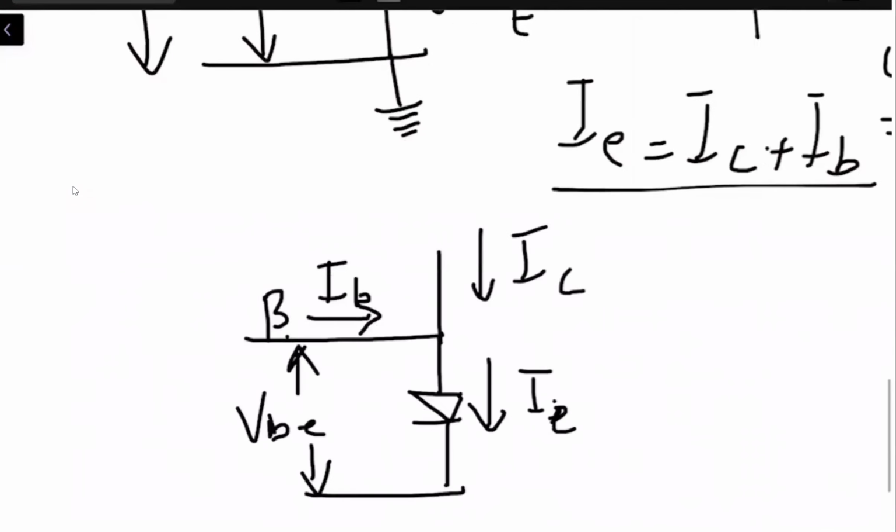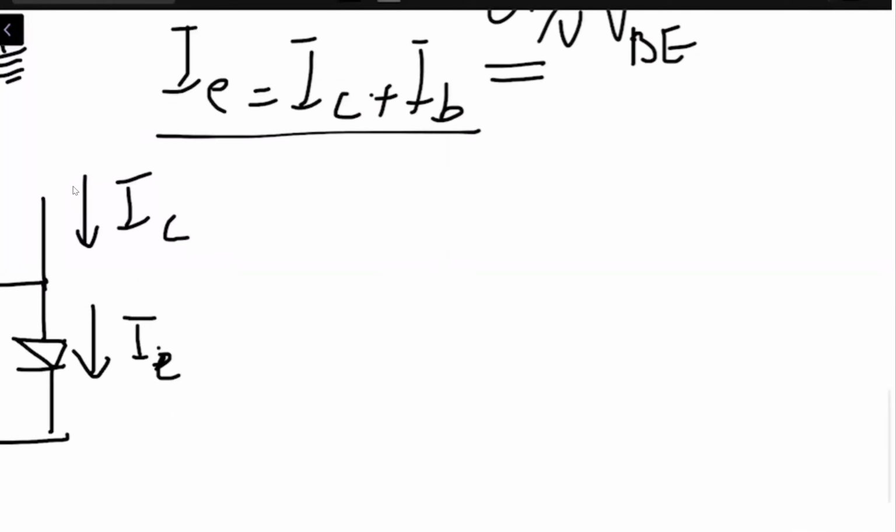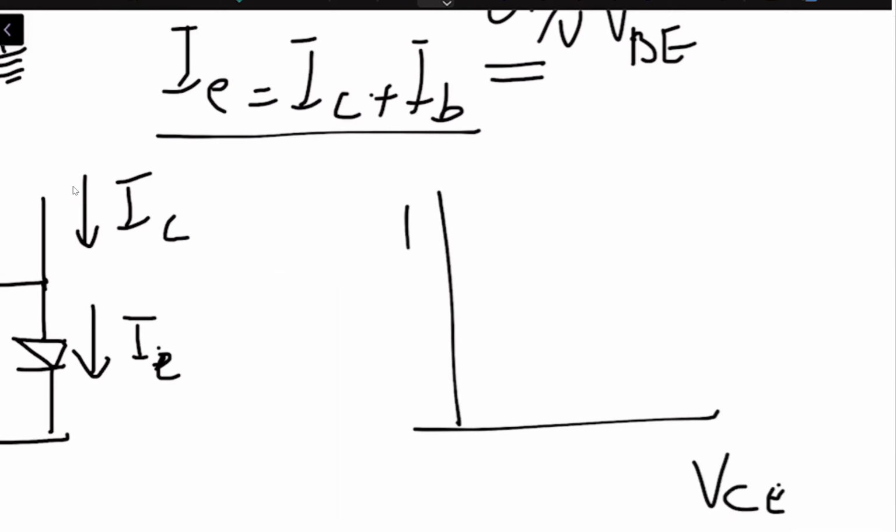From the characteristic curve for the common emitter configuration circuit, we had seen previously that the characteristic curve is between VCE and IC, and the curves are according to the base currents, which we normally call IB1, IB2, IB3.